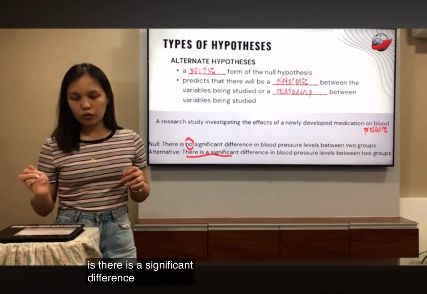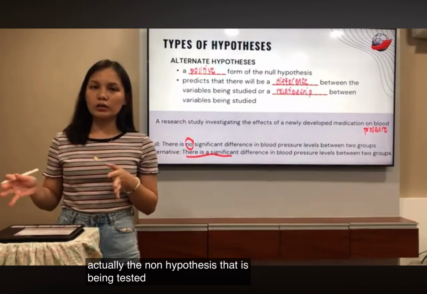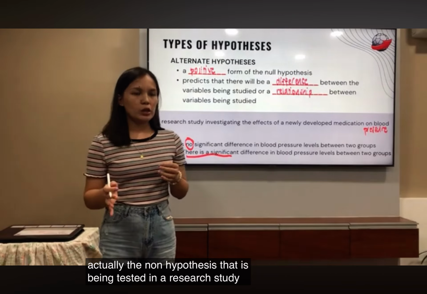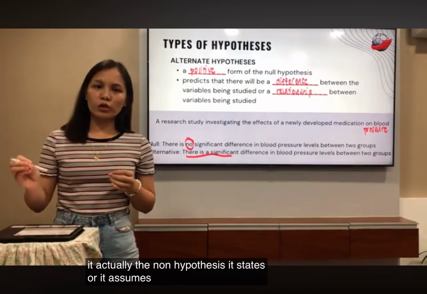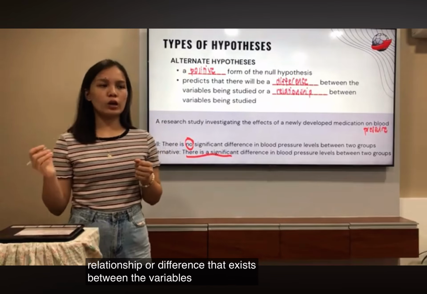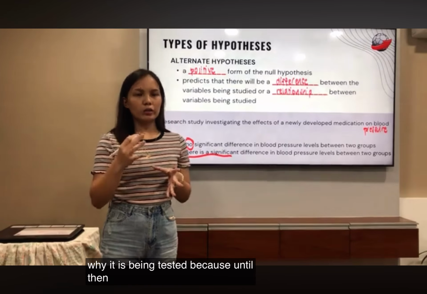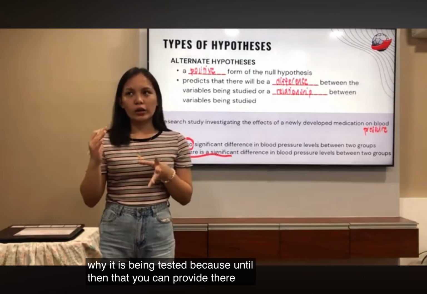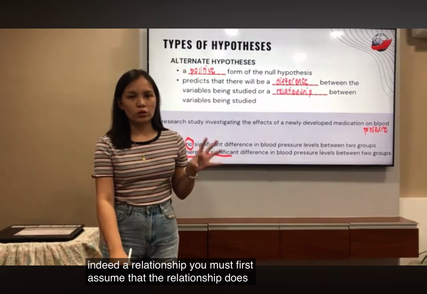Between the two, it is actually the null hypothesis that is being tested in a research study, because it assumes that there is no relationship or difference between the variables. Until you can prove that there is indeed a relationship, you must first assume that the relationship does not exist.